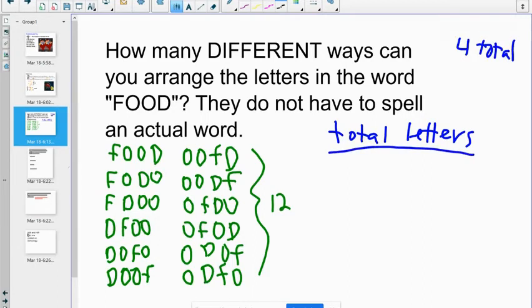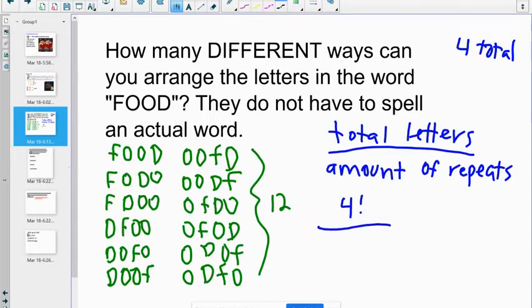And then you're going to take your total letters and divide it by the amount of repeats. Since we had 4, we're having 4 factorial on top because that's our number of total letters. Now at the bottom, our denominator, the amount of repeats.